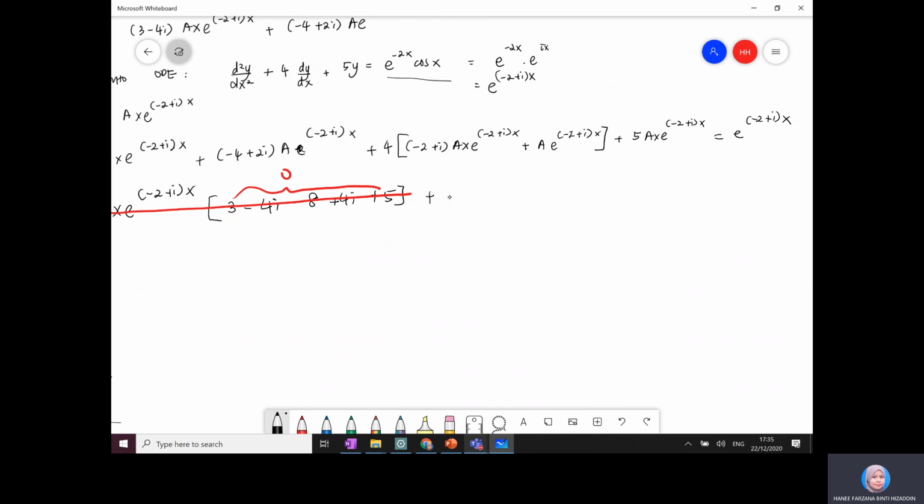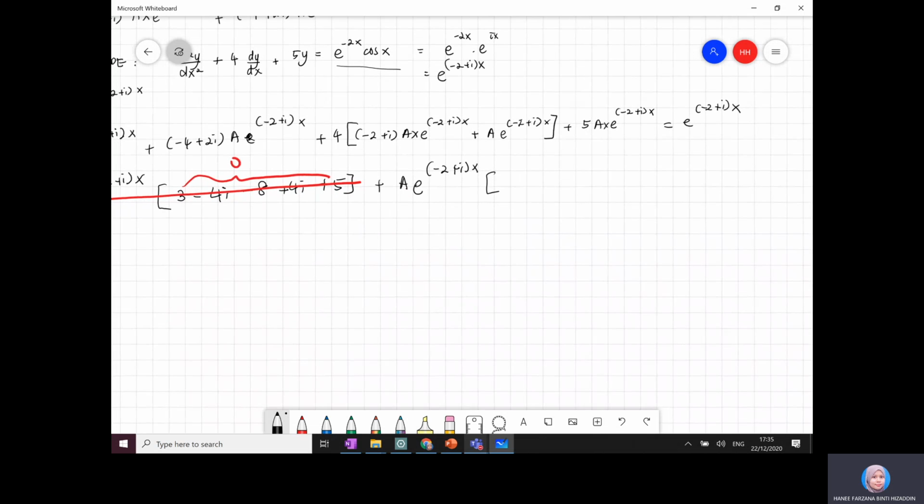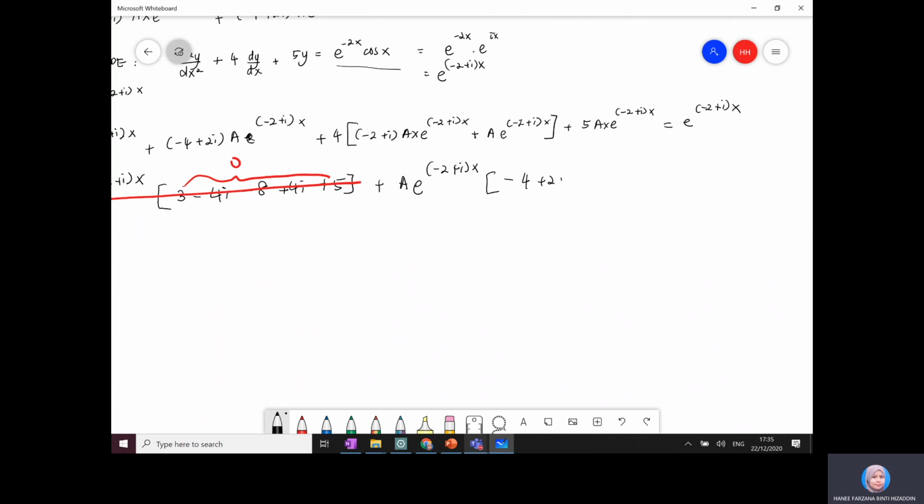And plus A e^((-2+i)x): you collect the coefficients and get (-4 + 2i) + 4. Then this whole thing will be equal to e^((-2+i)x).